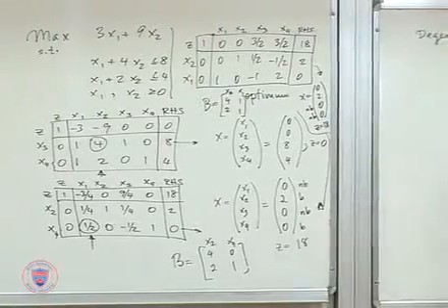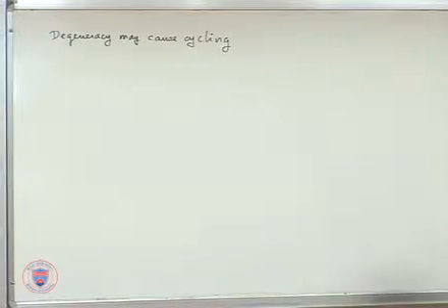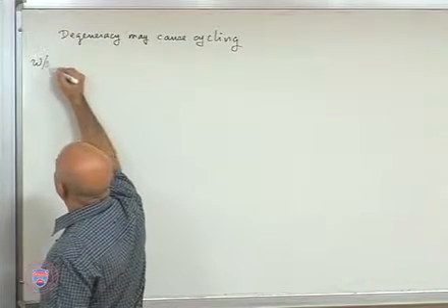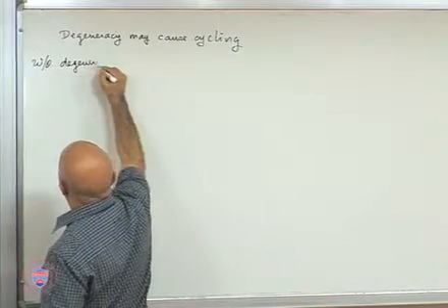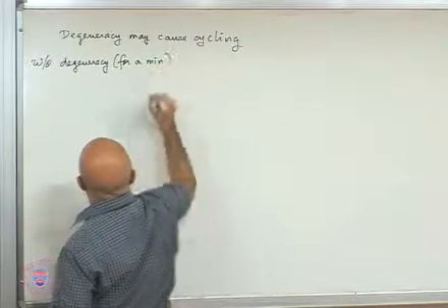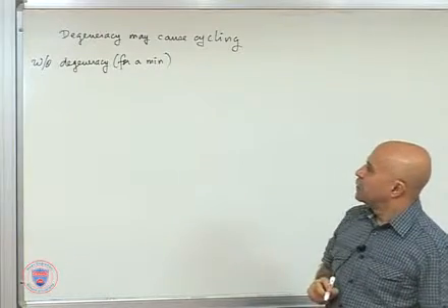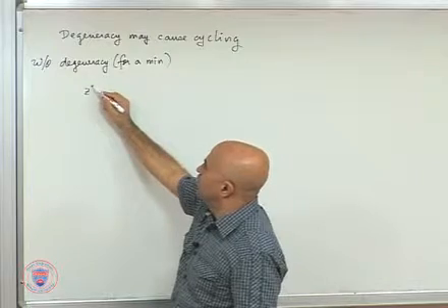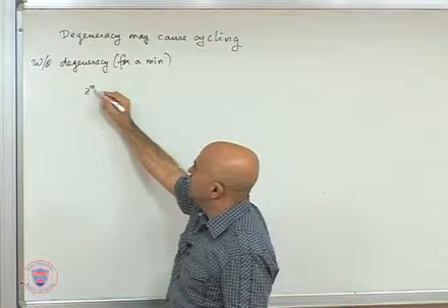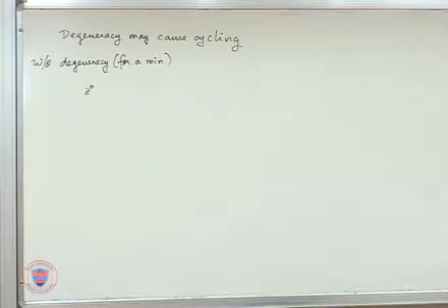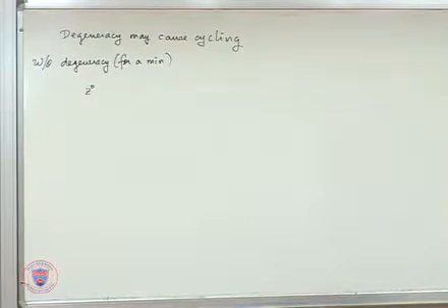And one important message here is that degeneracy may cause cycling. How does that happen? Well, without degeneracy, for a minimization problem, what happens is if you begin with an objective value of, say, z naught, suppose z naught is the initial objective value corresponding to the initial basic feasible solution that you begin with.